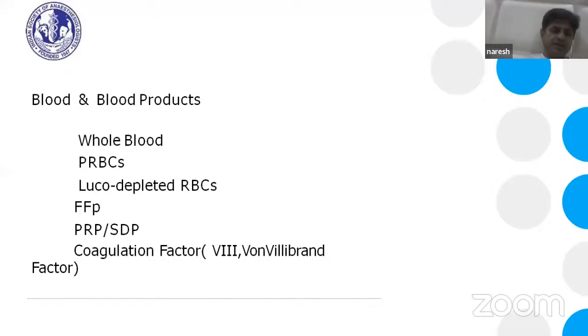I have seen people giving FFP to patients who have thrombocytopenia. FFP has no role in correcting thrombocytopenia or bleeding due to thrombocytopenia. It has a role only when there is DIC, only when there is a definitive indication.